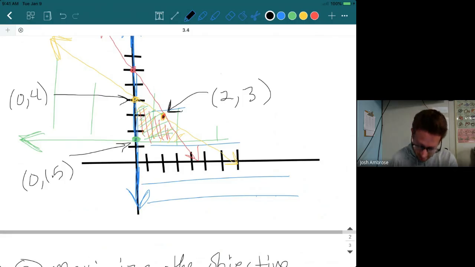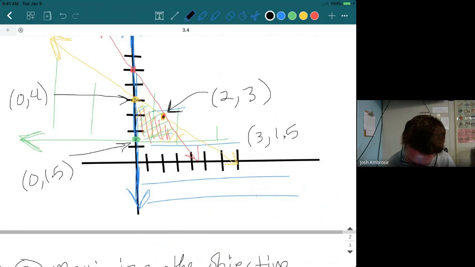Okay, and then we got one last vertice. I know my graph might not be quite spot on, but I'm thinking it's going to be a little bit more at x is 3. And again, that 1.5, that's the green line right there.